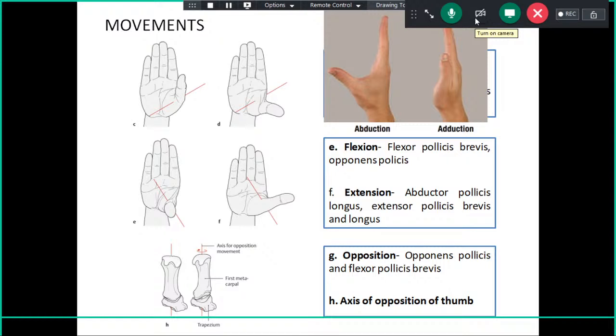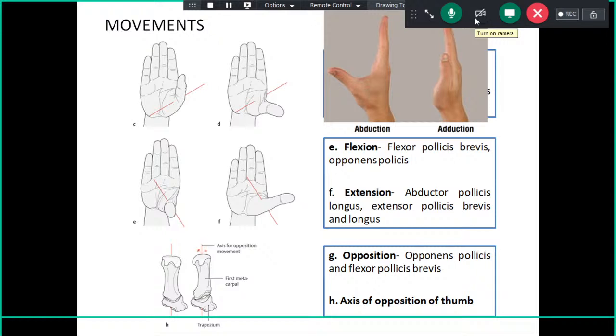So if you understand the plane of adduction and abduction in the anatomical position as being almost sagittal, then obviously the axis will be transverse.